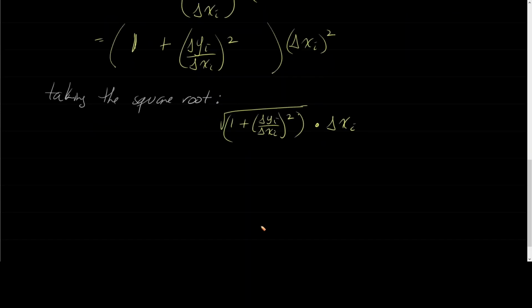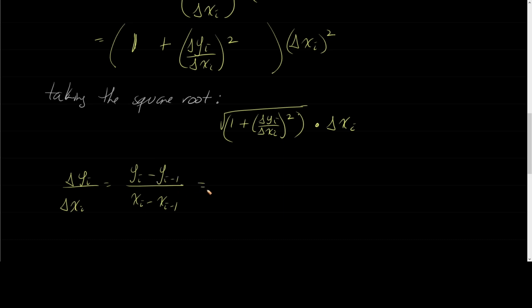Okay. Now, how is that helpful? Well, let's look at this inside here. Delta y sub i over delta x sub i. Let's recall what this really is. The bottom was really x sub i minus x sub i minus 1, by definition. And the top by definition was y sub i minus y sub i minus 1.